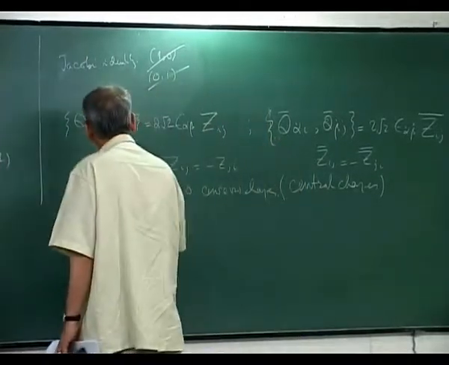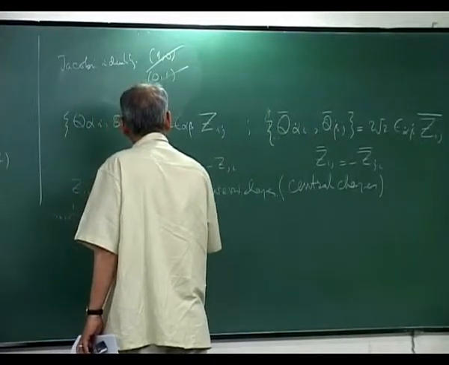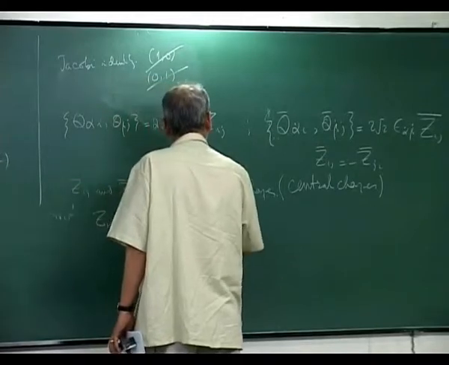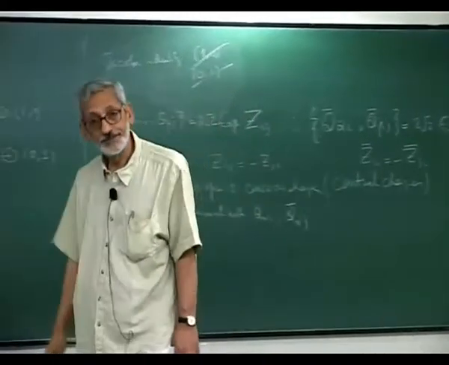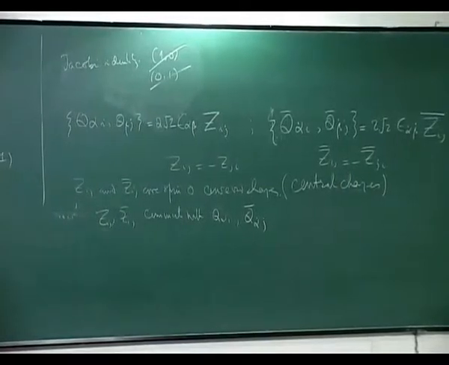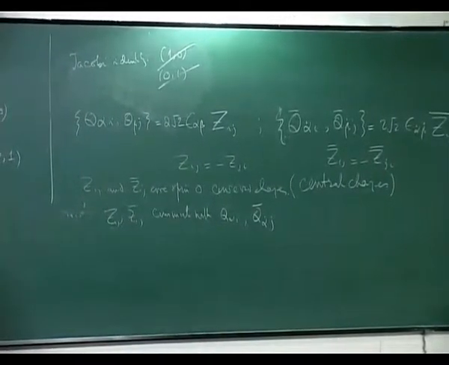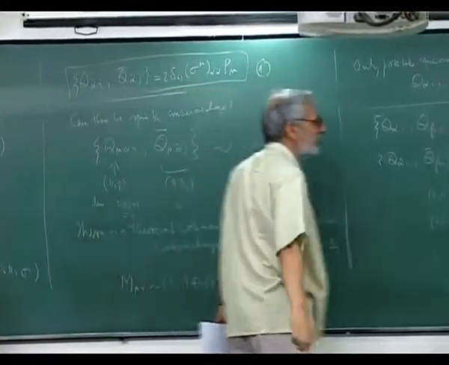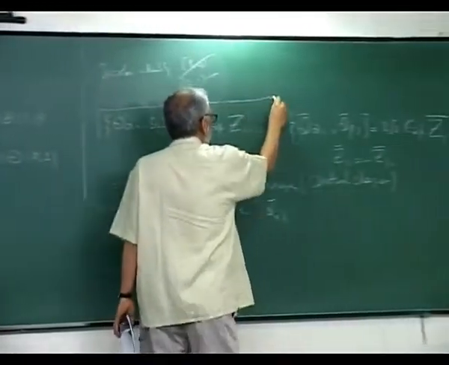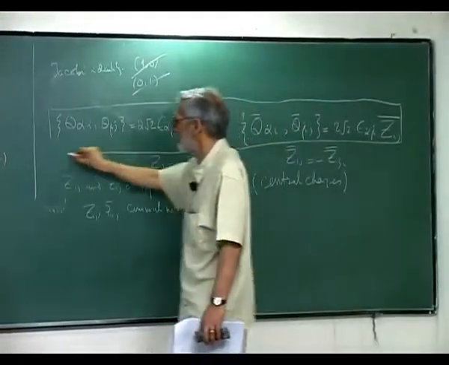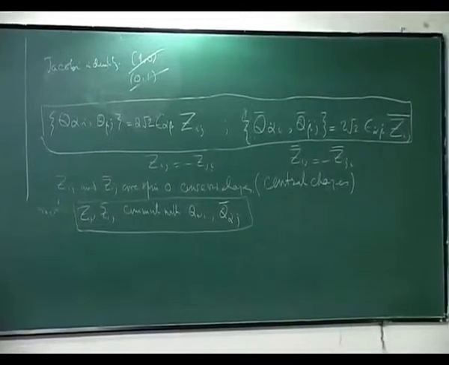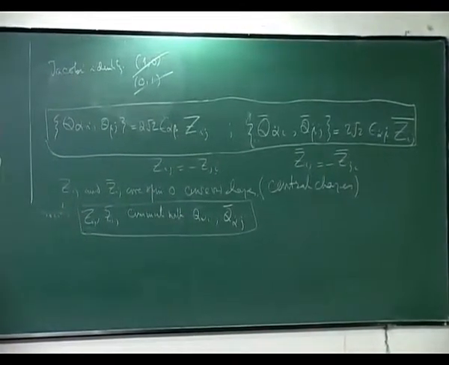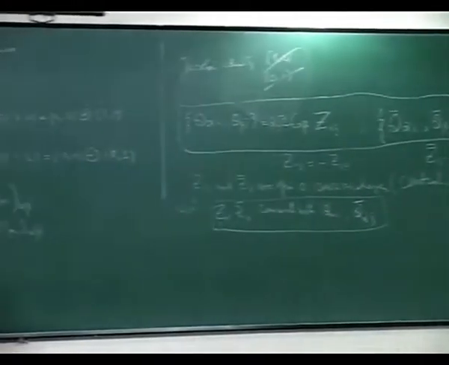So Z_ij and Z bar_ij commute with Q alpha I and Q bar alpha dot J. Then these relations, with these properties for them, completely define a closed algebra. And they satisfy the Jacobi identity. But we'll do that.